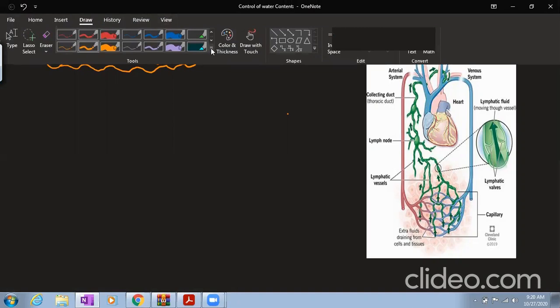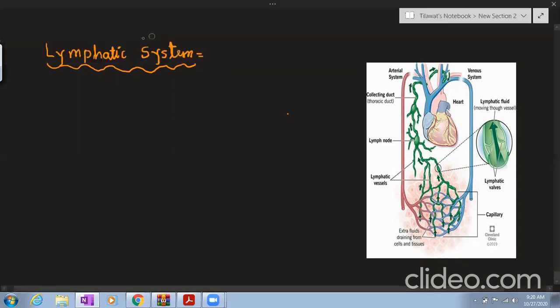Let's suppose this is your artery, right? And definitely the arteriole will divide into what? Into capillaries.